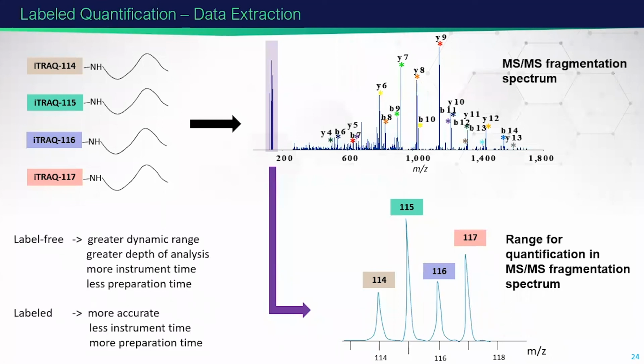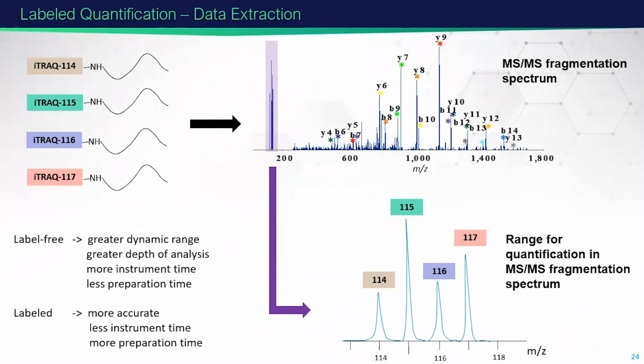To compare the label-free and labeled methods, the label-free still has a larger dynamic range and more depth of identification. Of course, because you are analyzing each individual sample separately, you will need more instrument time.